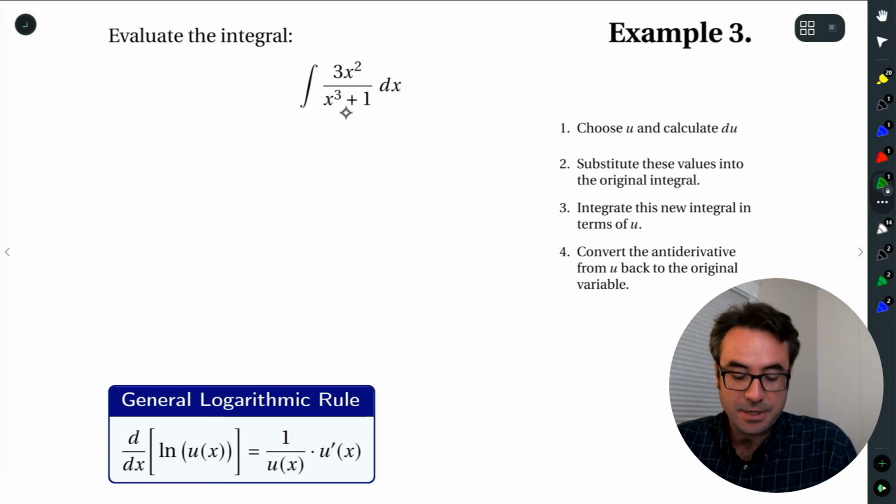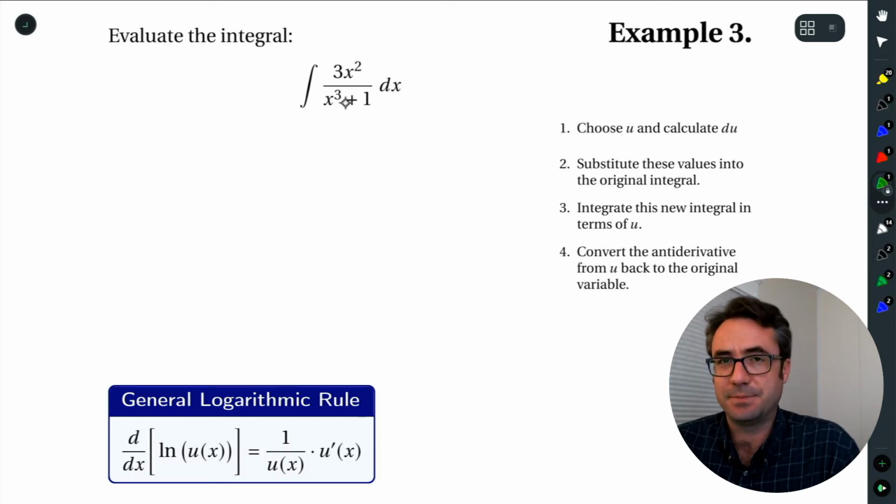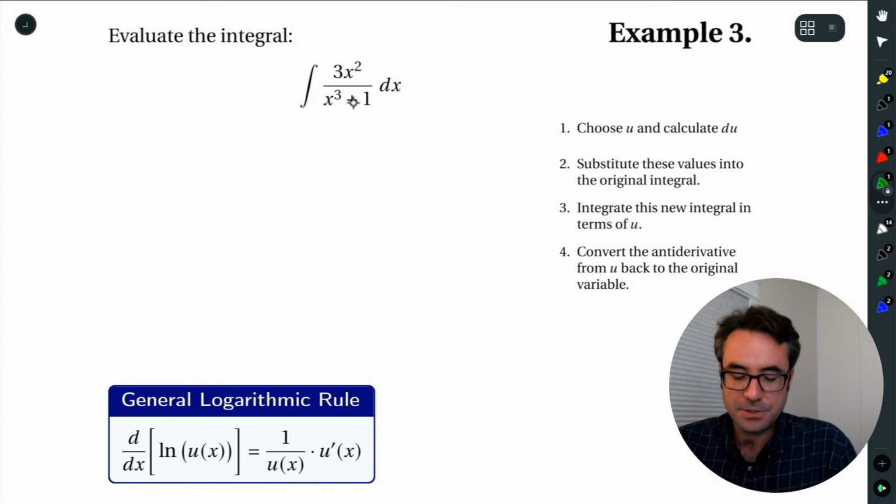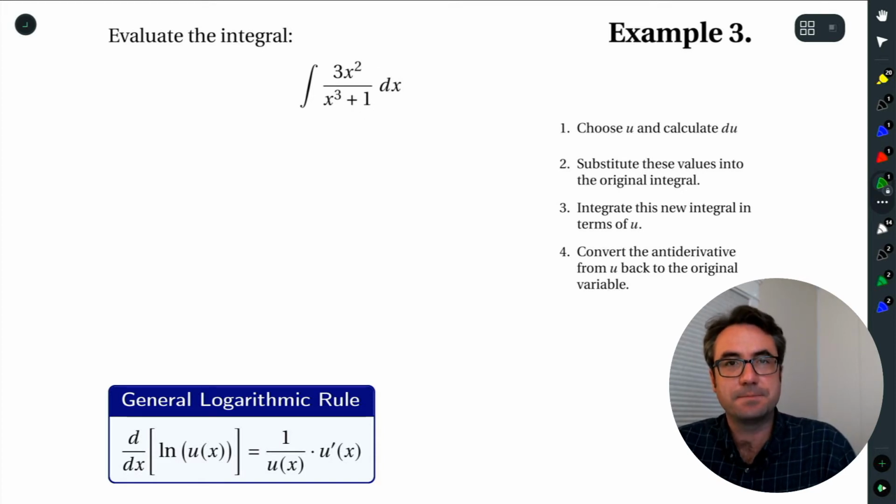Sometimes if there's division, we could do the division first, but that gets trickier when we have a denominator with more than one kind of term in it. So here we have two terms. There's probably not any algebra that we could immediately do to simplify this. So we're kind of stuck, which means substitution rule, most likely.